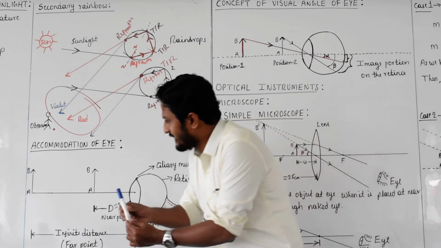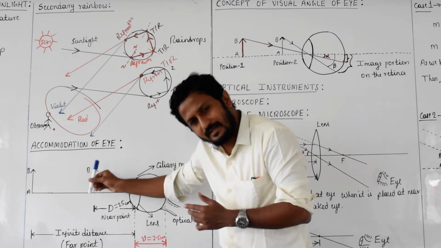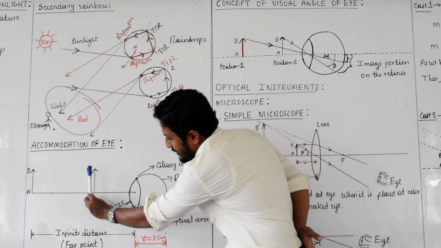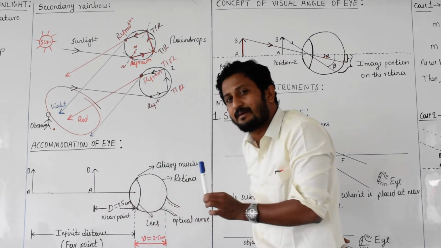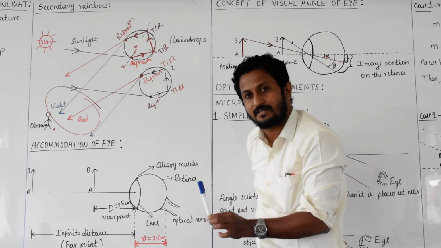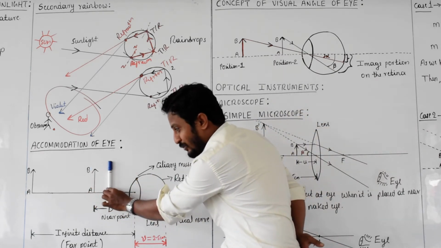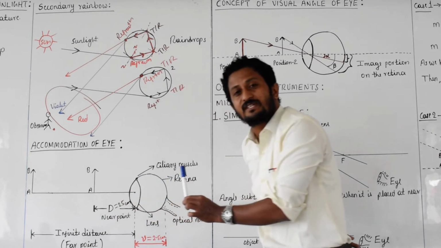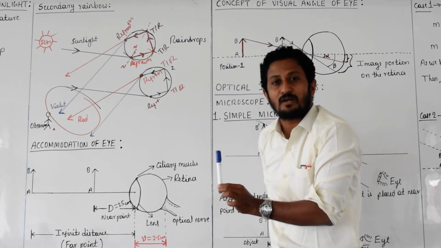As that object is brought closer to the eye, it can still see it. When it reaches one particular point, the eye can still see the object. If the object is brought too close to the eye, then the eye is going to see its blurred image. Getting what I mean to say?